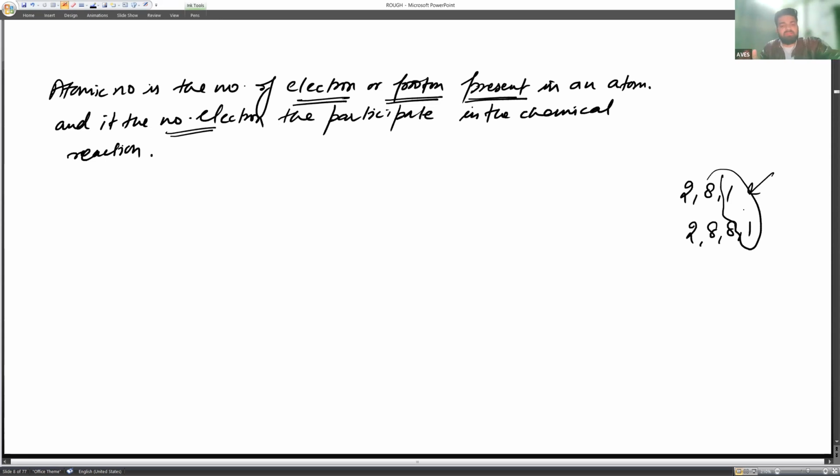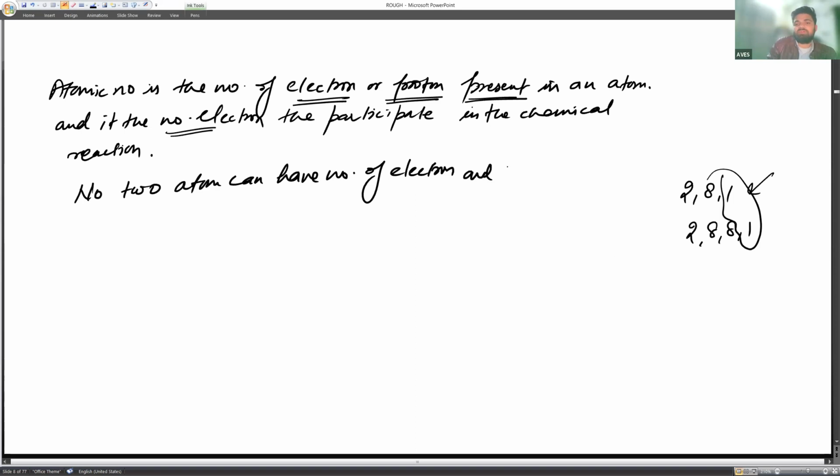Okay, got it? So note it down: no two atoms can have the same number of electrons and protons.